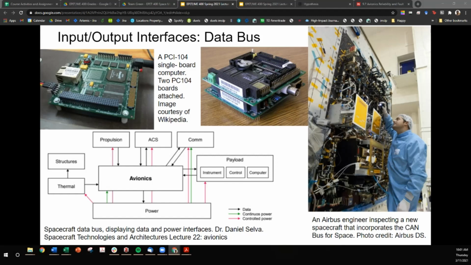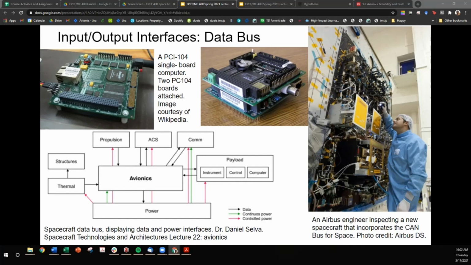There's got to be a lot of data transfer that is sometimes one way, sometimes two way. So how do we connect these different components together to transfer information? What are their different characteristics that enable either very fast data transfer or very resilient, radiation-resistant transfer? So we'll look into those.